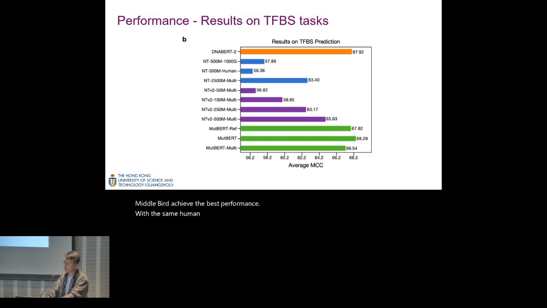And from the comparison of 2 versions of the Nucleotide Transformer, we can see large models usually have better performance, and this phenomenon will be more obvious after using multi-species data. And we can note that DNABERT-2 achieved the second place, even though it used the multi-species data, slightly lower than MutBERT.